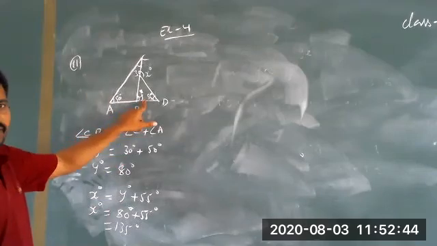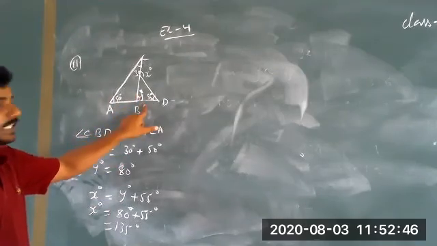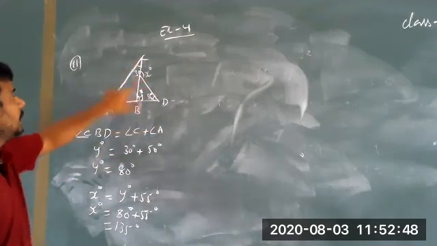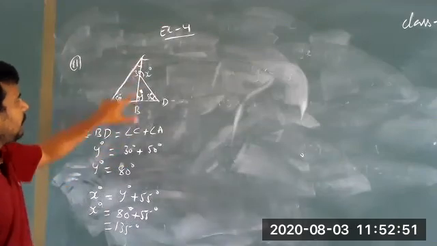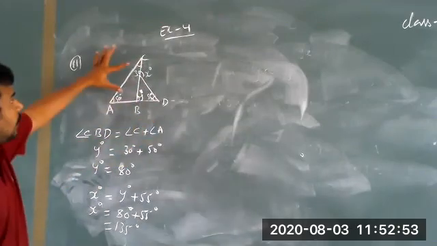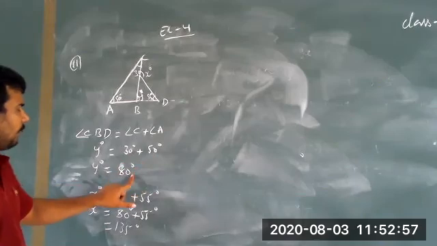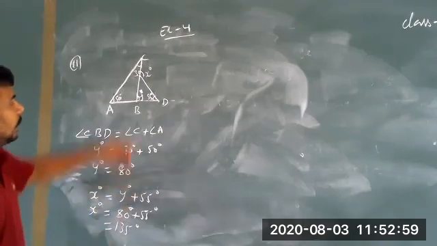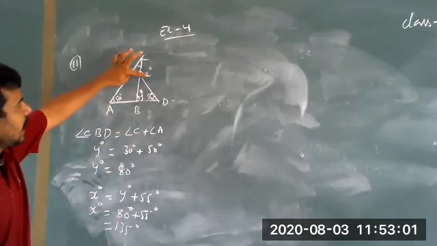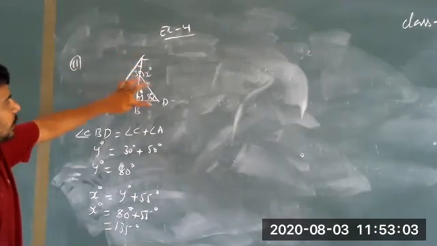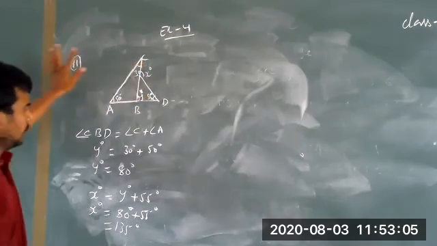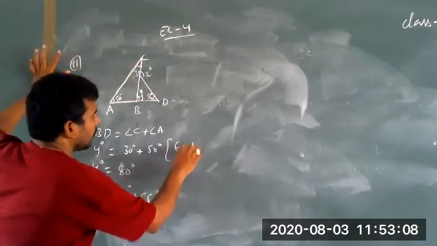Now you can find y degrees. Y degrees is the exterior angle of triangle ABC. So CBD equals angle C plus angle A. That means 30 plus 50, total 80 degrees. Y is equal to 80 degrees. Now take x degrees. This is the exterior angle of these two angles. So this is the exterior angle property.